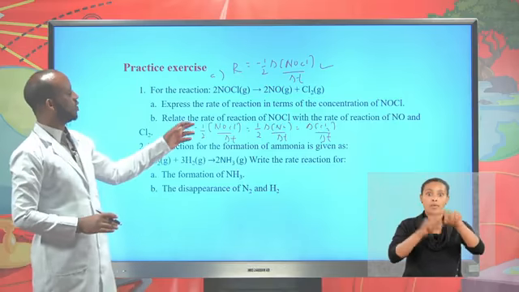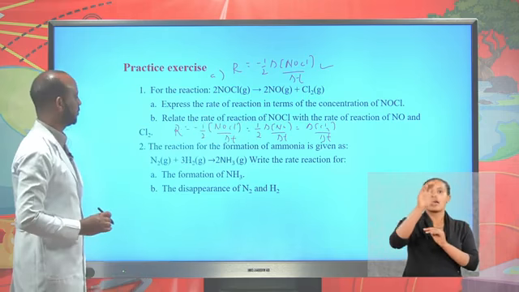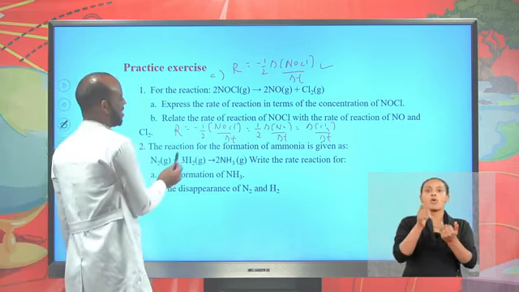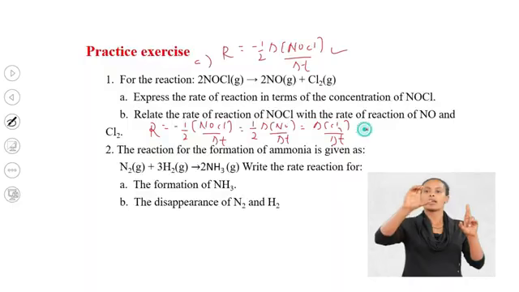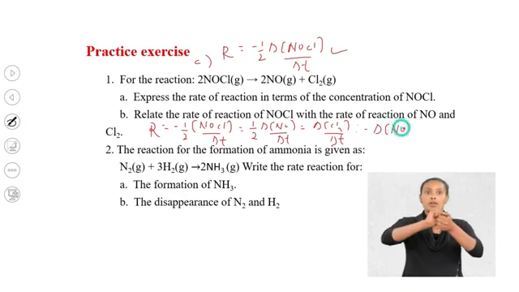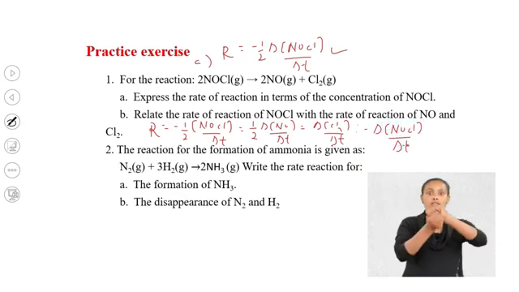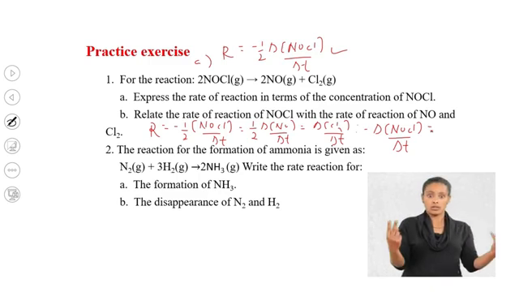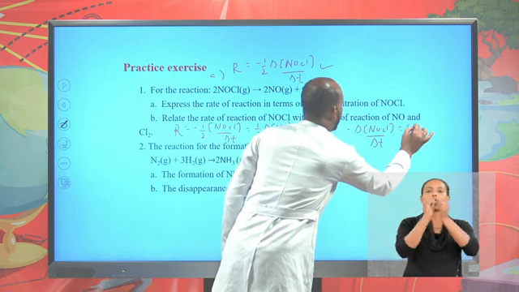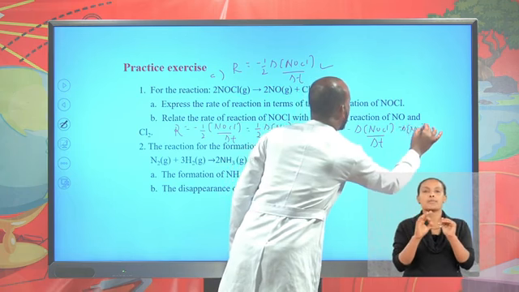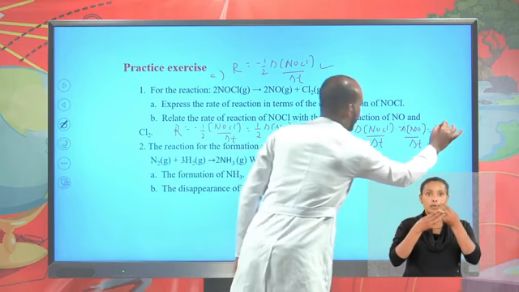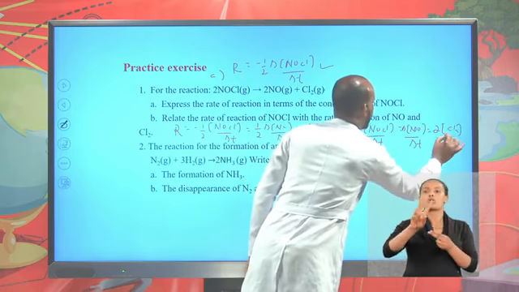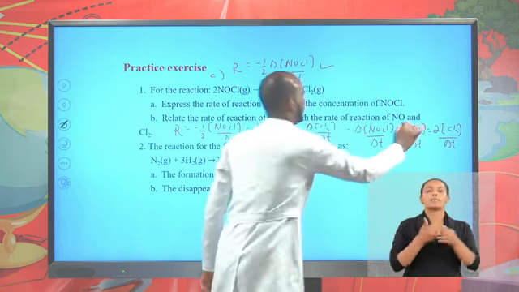Multiplying both sides by 2 gives change in concentration of NO divided by change in time equals 2 times change in concentration of Cl2 divided by change in time.